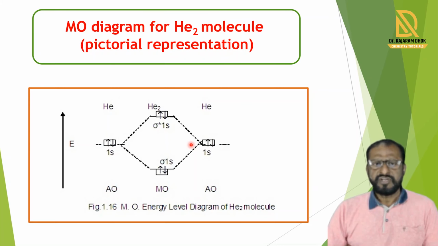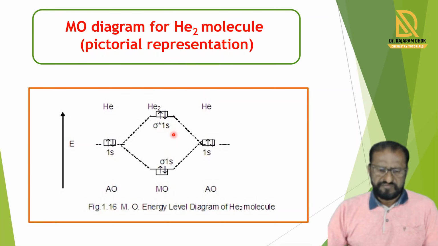Firstly, 2 electrons are filled in the lower energy orbital, sigma 1s, and then the remaining electrons are filled in sigma star 1s. So here you see 2 electrons filled in sigma 1s and 2 electrons filled in sigma star 1s. This is the electron filling in the molecular orbital diagram.